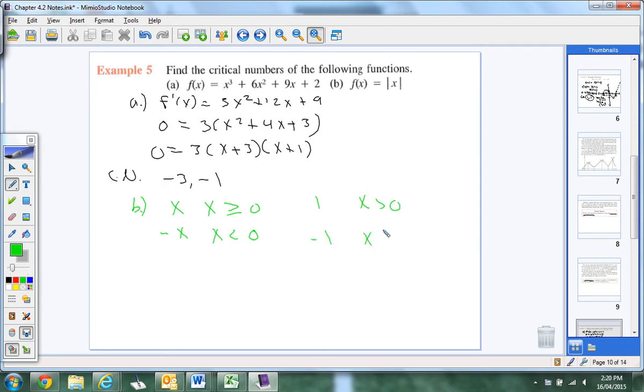I think this is kind of cool because what do those represent? Not critical points. Remember, this is the most confusing topic about absolute value. What's the slope of this half? What's the slope of this half? That's where those come from. When x is less than 0, the slope is -1. When x is bigger than 0, it's +1.